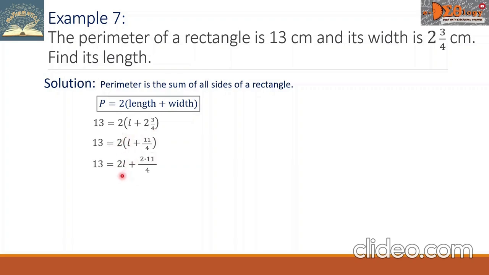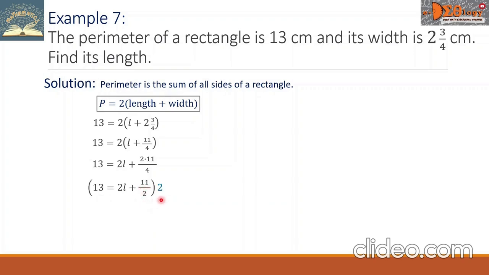Then we multiply this number 2 to the terms inside the grouping symbol. 2 times L is 2L plus 2 times the fraction. And this fraction we can simplify by cancelling this 2 by the 4. So the fraction becomes 11/2. Let us eliminate this fraction by multiplying this equation by this denominator 2.